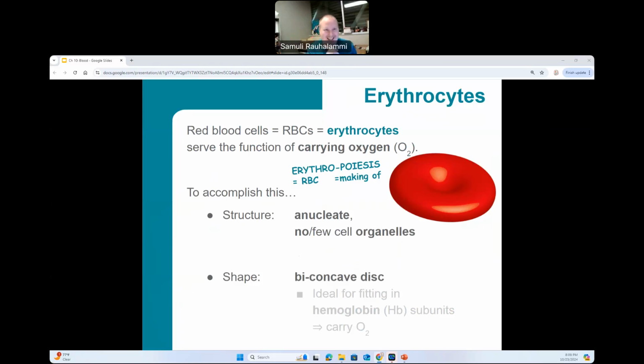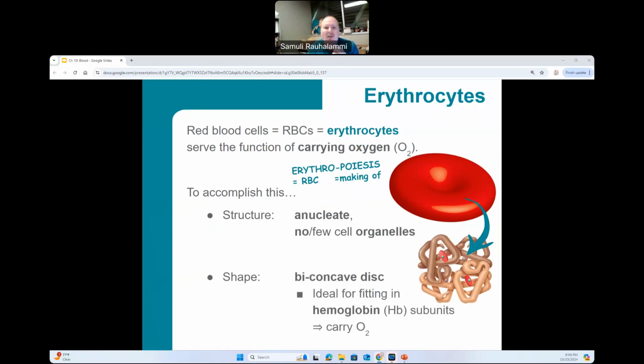So let's unbundle that a little bit. The function of the red blood cells was to carry the maximum amount of oxygen, and most of the red blood cells' dry weight is hemoglobin. There are hemoglobin subunits that we'll see in red blood cells, and each hemoglobin molecule can bind to one oxygen molecule.